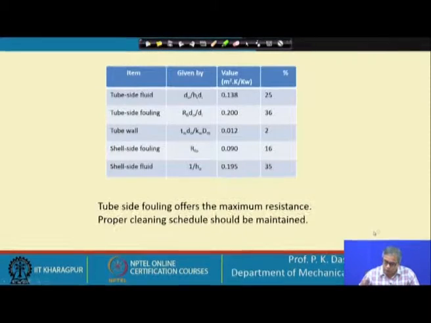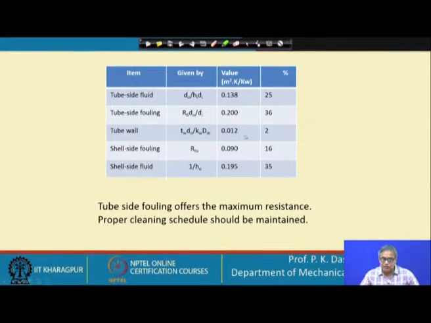So, now if we go to this slide, we can see that there are 5 resistances. Tube side fluid, that means the water flowing through the tube side, there will be some convective resistance, that is 25% of the total resistance. Tube side fouling, that is 36% of the total resistance.